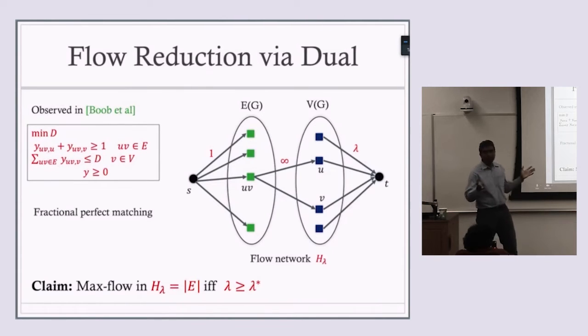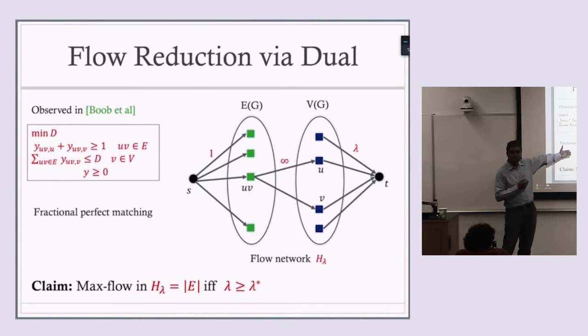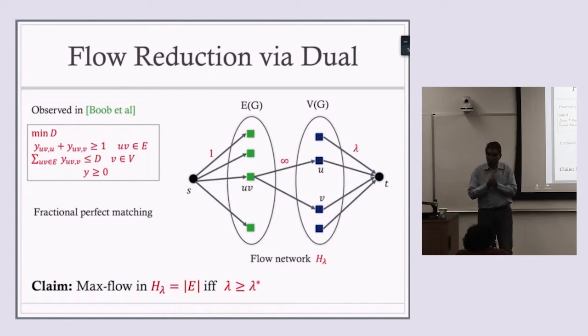Now when you see this dual, immediately a flow comes into the picture. How will you solve assignment problems? You typically solve it by flow. So if you want to solve the dual, you can reduce it to network flow in the obvious way by guessing the maximum load. This is actually a more natural flow relaxation than the classical LP flow relaxation.